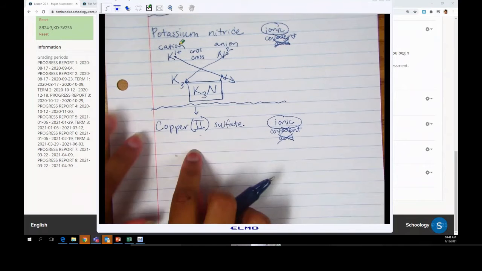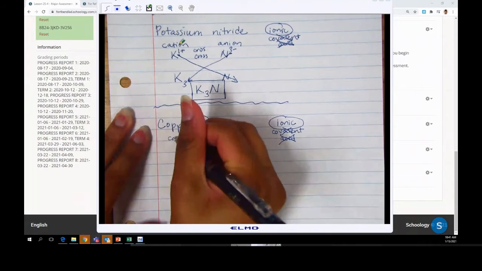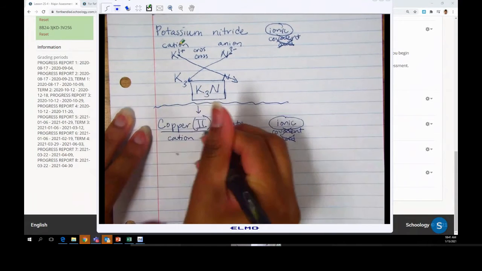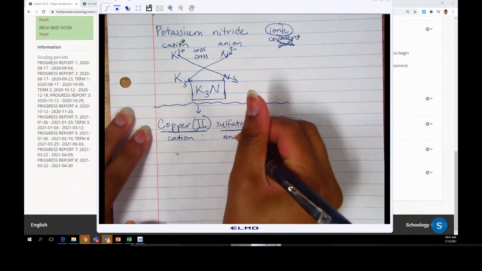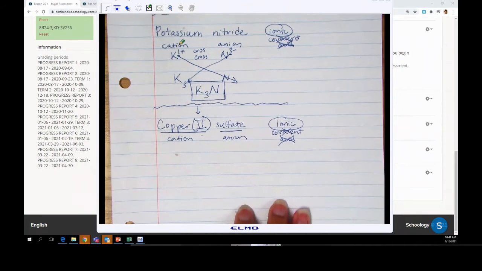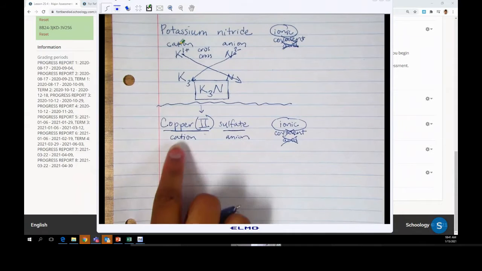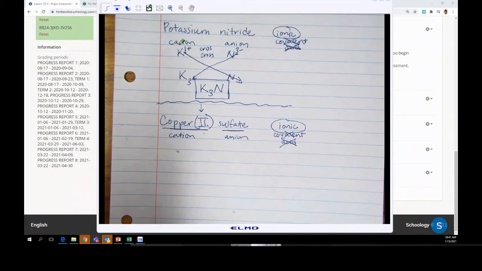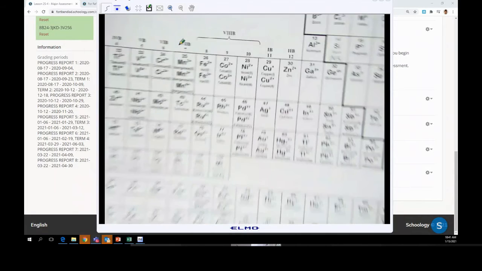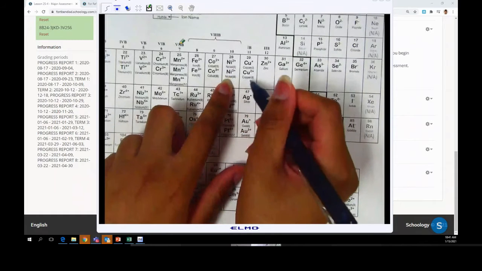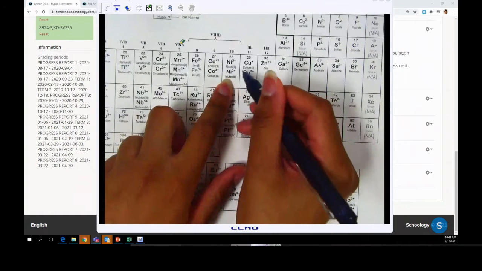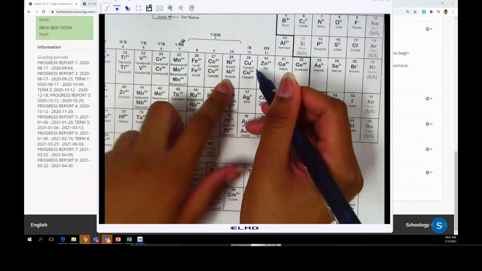So for this one, I'm going to need to go look up my cation, which is this first part here, copper 2, and then sulfate is my anion. For copper 2, I need my periodic table of ions, and I can see that copper 2 has a 2 plus charge.